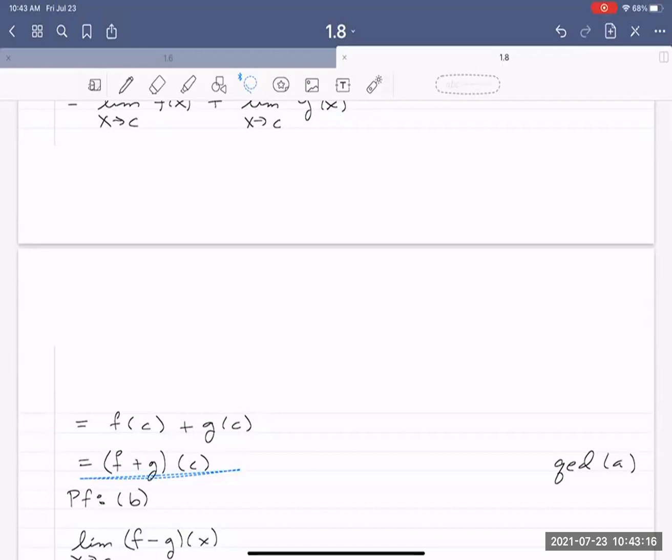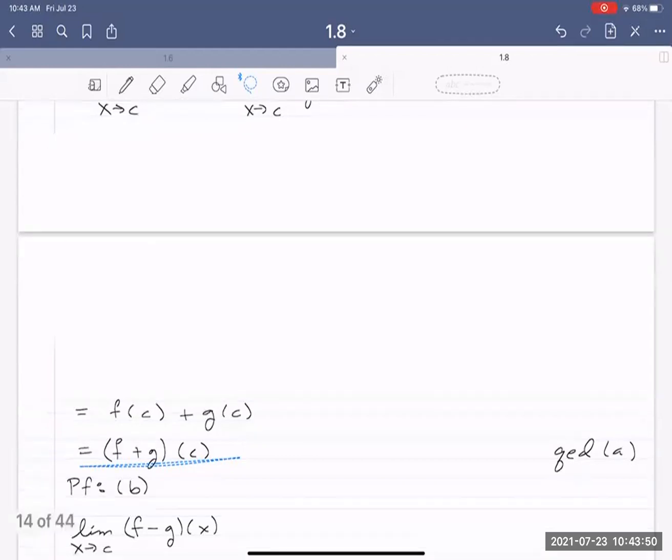So the sum of two functions continuous at c is continuous at c.